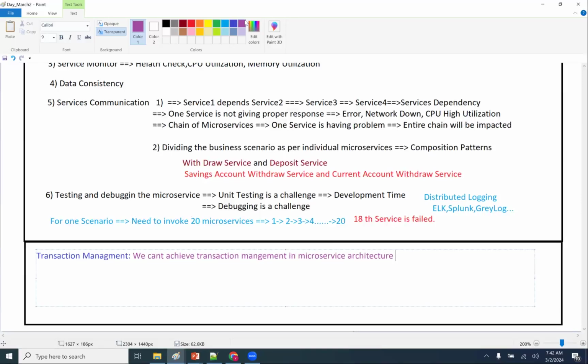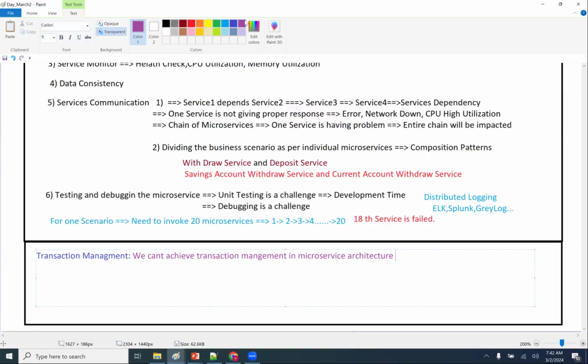Yes. So that's the point here in microservice architecture. We cannot achieve transaction management. But there are a lot of differences of opinion, guys. Someone will say saga, someone will say choreography, orchestration, a lot of patterns are there.